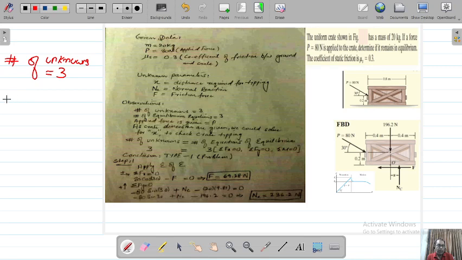And as always, the equations of equilibrium will be 3. So the number of unknowns is equal to the equations of equilibrium: 3 is equal to 3.